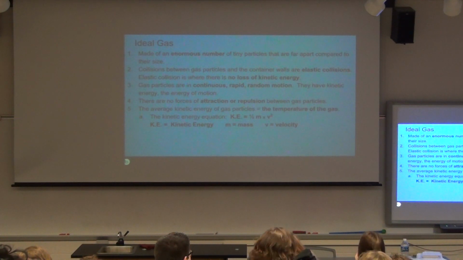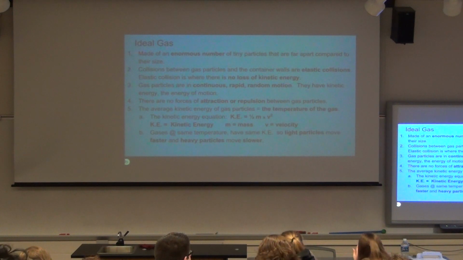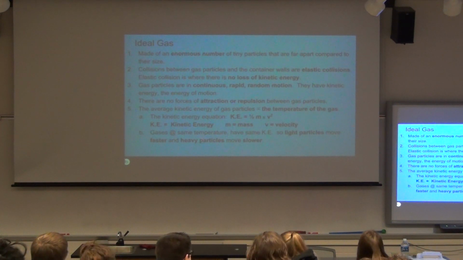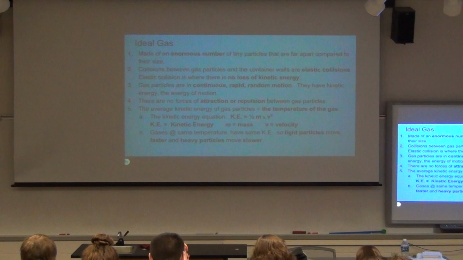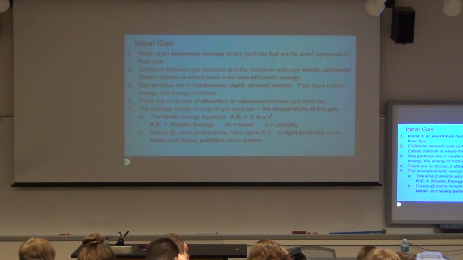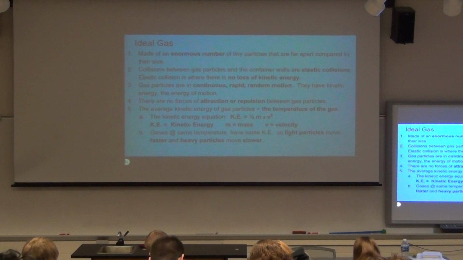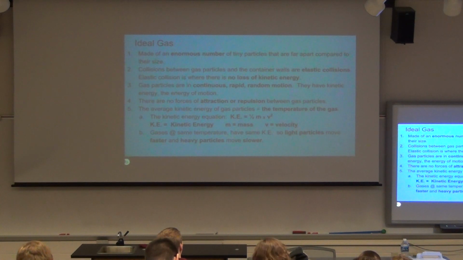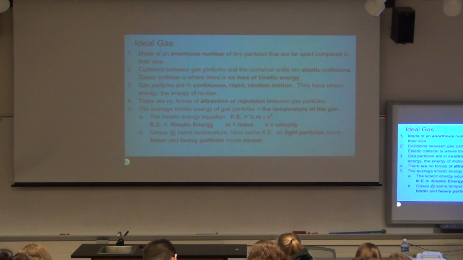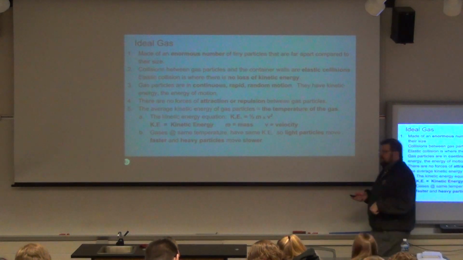Well, if they're 2 different gases, you know they're going to have different masses. So one of them has to be going faster, and the other one has to be going slower if they're going to get the same temperature. If they're at the same temperature, they have the same kinetic energy. So our lighter particles, the ones with less mass, are going to be traveling faster to have that same kinetic energy.